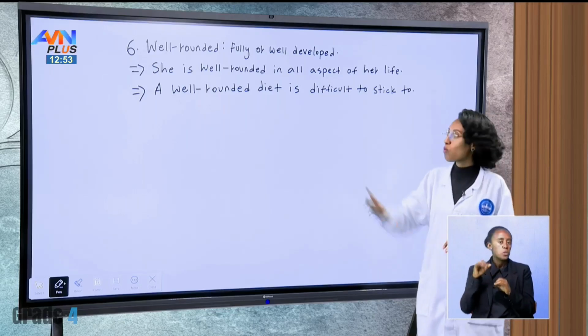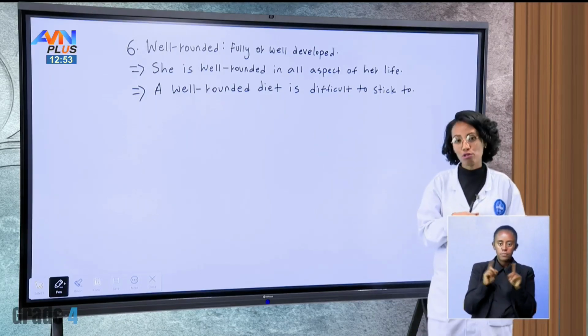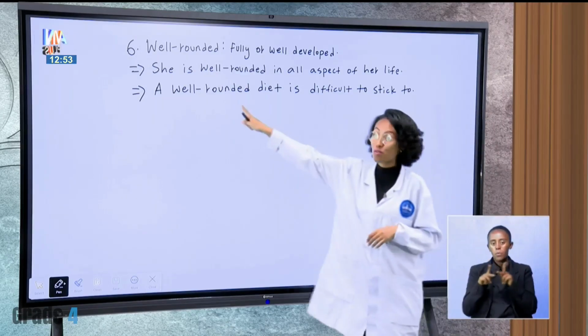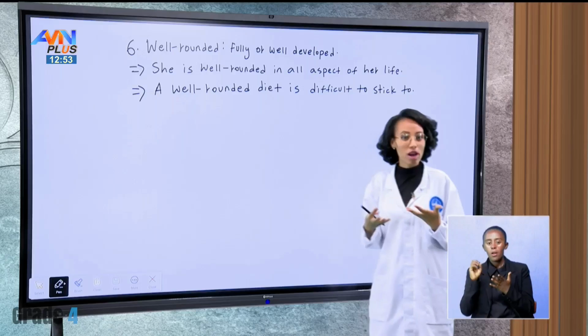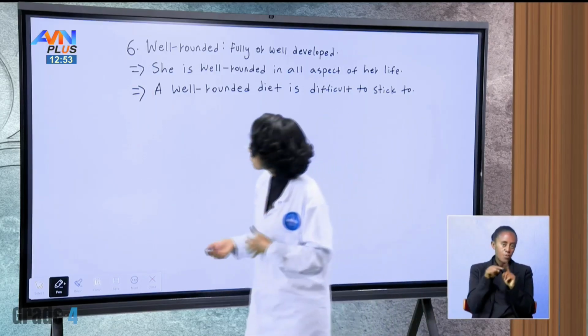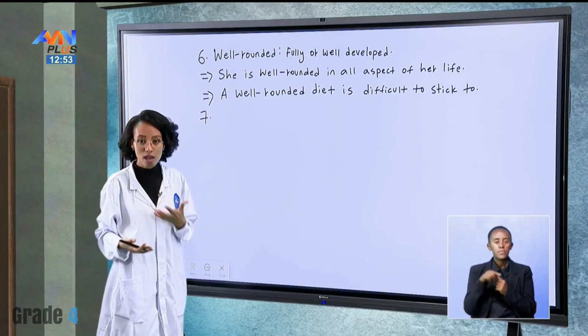So a well-rounded diet is difficult to what? Stick to. But it is very healthy for people because it is what? Well-rounded. So well-rounded is a positive idea and a positive word. Okay. What other vocabularies can we see?